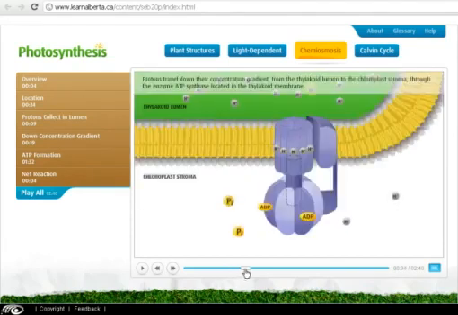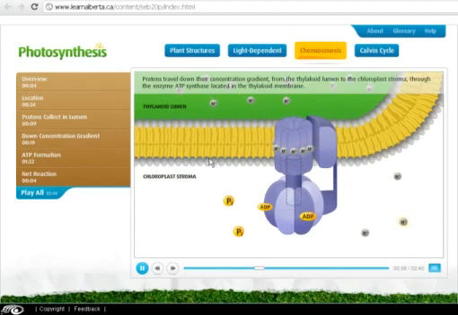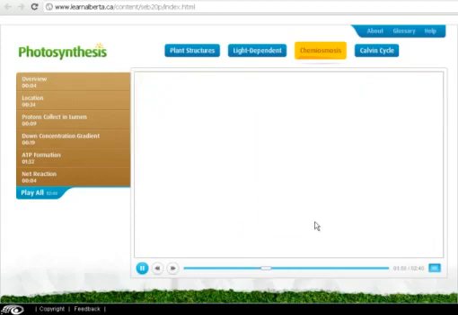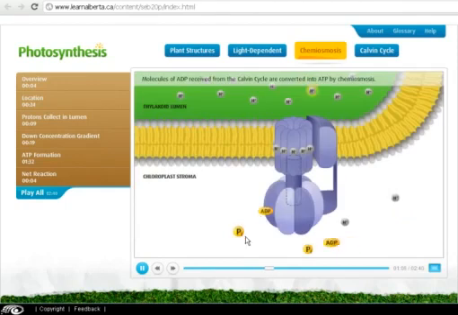So if we watch what happens, I'm going to have to just go a little bit fast here on this one. Your buildup of hydrogens, because remember the electrons brought them in, now they need to be pumped out. So they get pumped out through this complex. And when they get pumped out, ADP will join with phosphate molecules to create ATP, and you can see that happening as I talk through this. ADP, I treat that as also like a taxi.